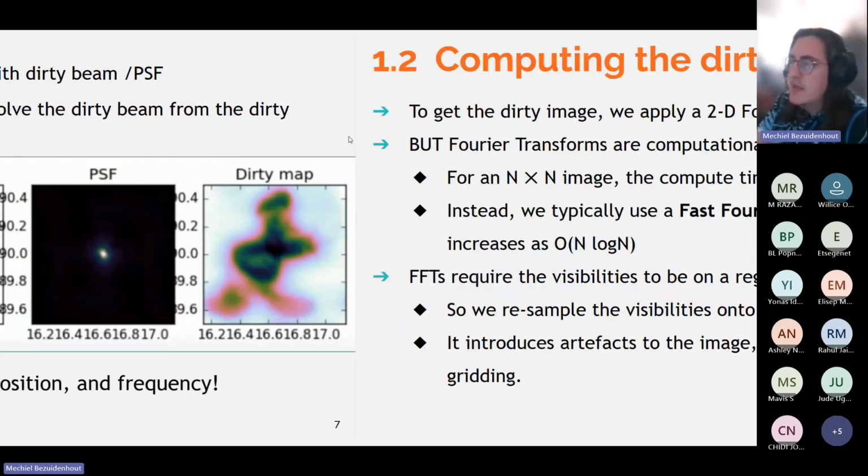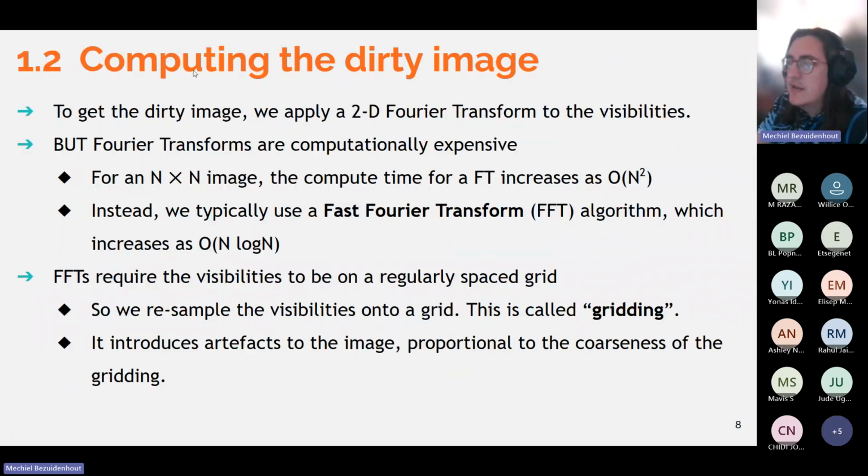But to keep things simple, to get the dirty image, we apply a 2-dimensional Fourier transform to the visibilities, right? But Fourier transforms are computationally quite expensive. If you have an n by n image, n pixels by n pixels, the compute time that it takes to do a Fourier transform increases with n squared.